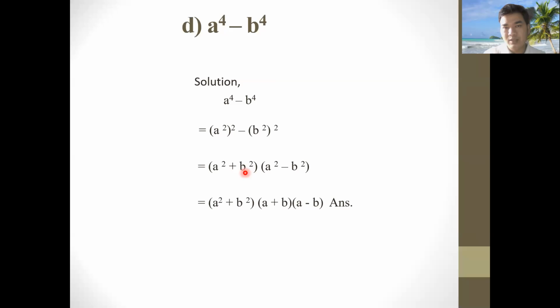The same, and now a square minus b square means (a plus b)(a minus b), because we have its formula. I hope you have done this nicely. Now let's move to the next slide.